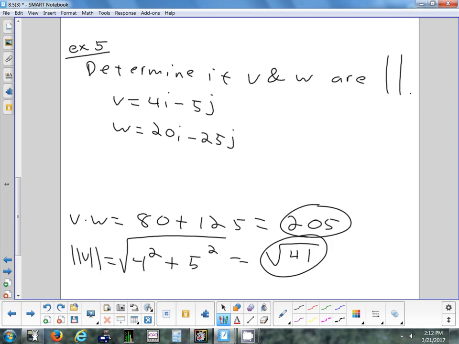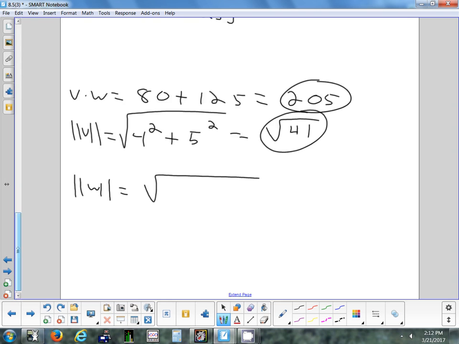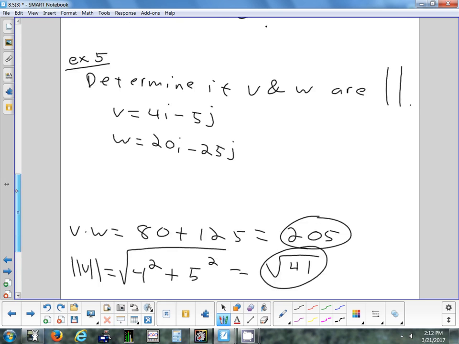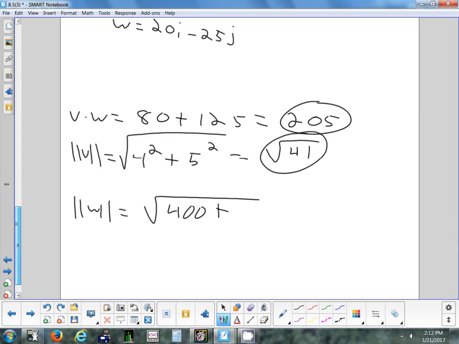Yeah, 400. So 20 squared and 2 squared are the same thing, except with 20 squared you've got to add 2 zeros to the answer. So 2 squared is 4, add 2 zeros, 400. Hey, 25 squared. Anybody know that one?